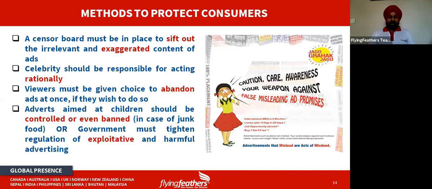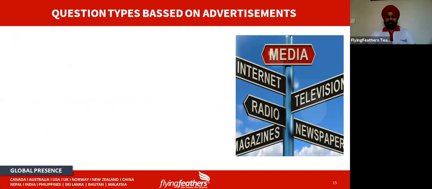So these are all the possible methods that we have to prevent the consumers from such type of advertisements, right? So I have discussed with you what is basically advertisement, what kind of advertisement there is, what the benefits of advertisement are, and if there are benefits, there are also losses, right?